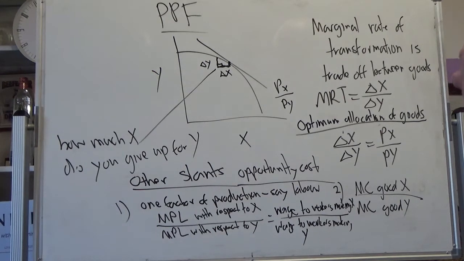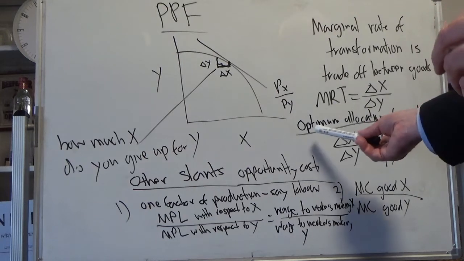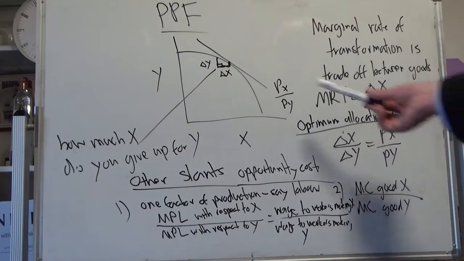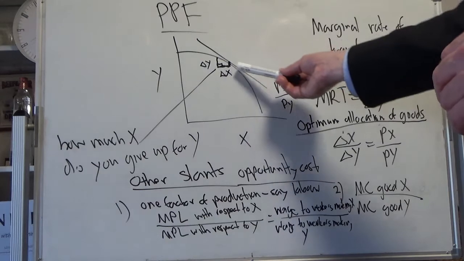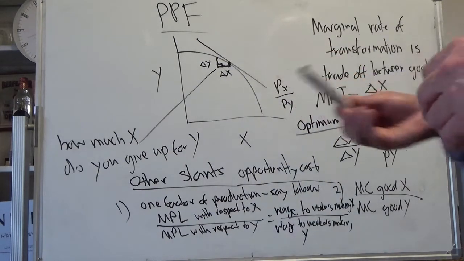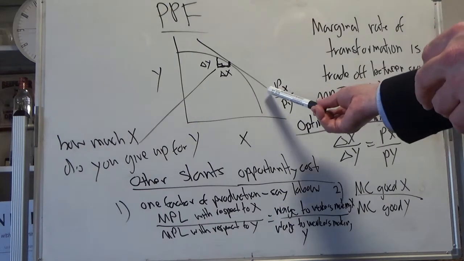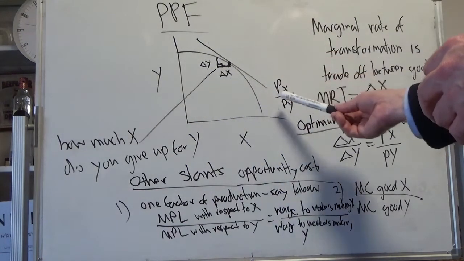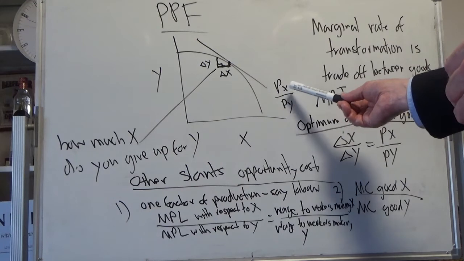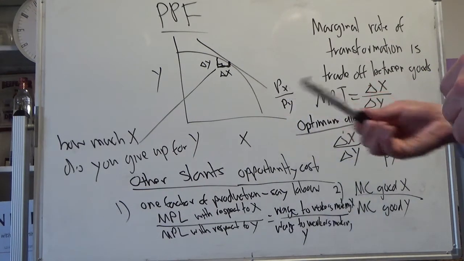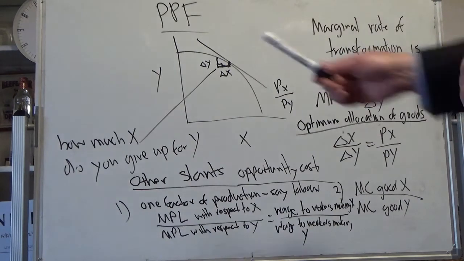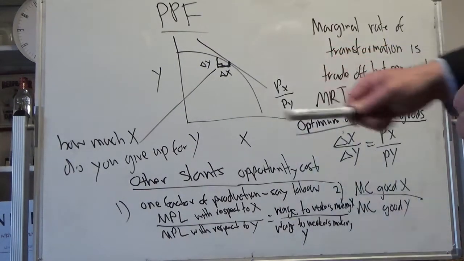So now we're starting to look for an optimum allocation of goods. Which point do I choose along the PPF? Well, I have to introduce this price curve, and that's the ratio of the price of good X and the price of good Y. So that's a straight line.